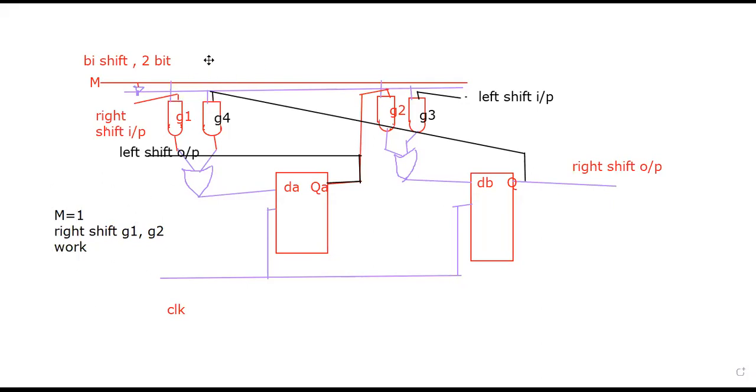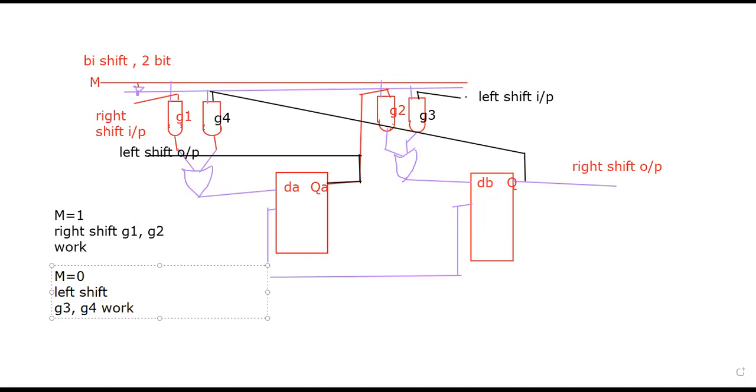And when M equals 0, left shift happens, and gate 3 and gate 4 will work.